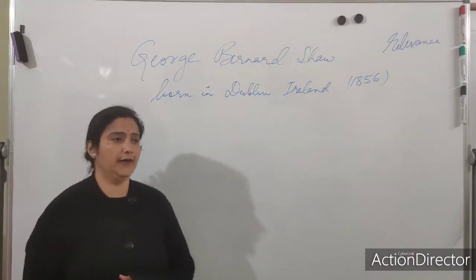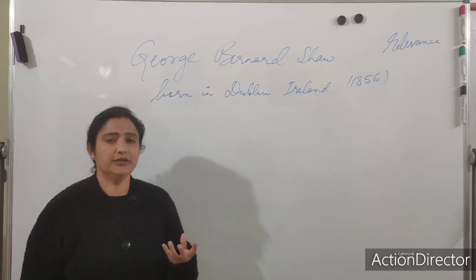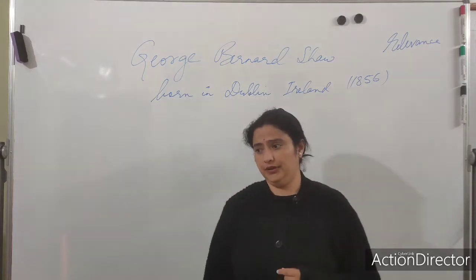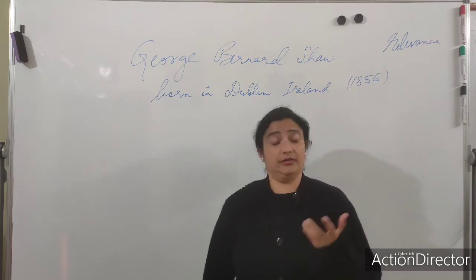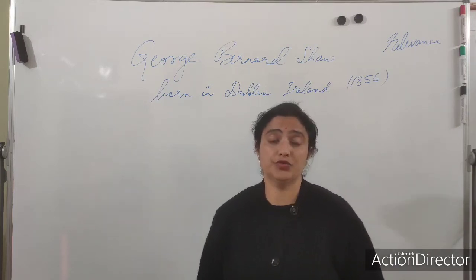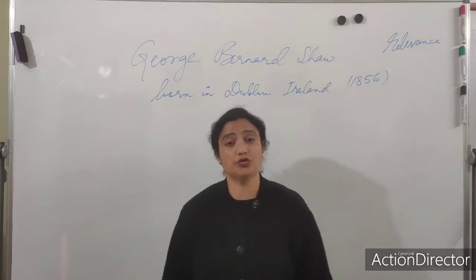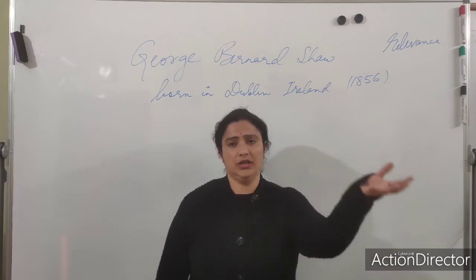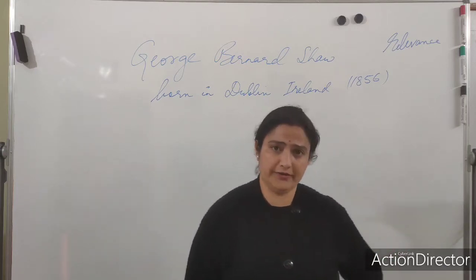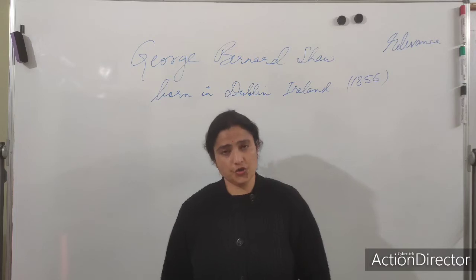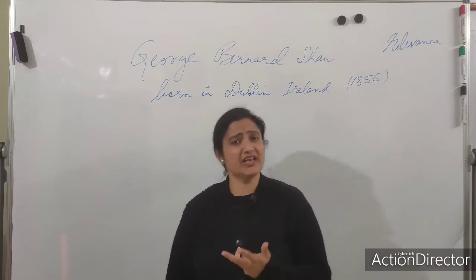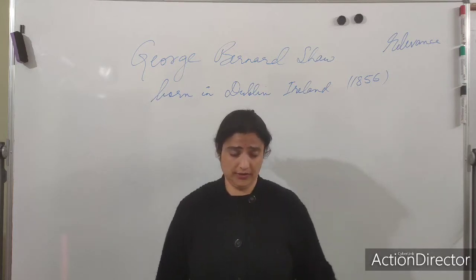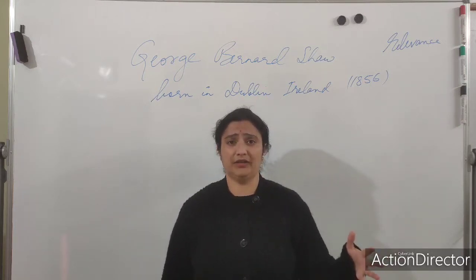She used to sing, and his father was not having a very good business. His father wanted Shaw to join his work, but somehow there were problems, and his grain merchant business did not flourish much. And Shaw had two sisters. His mother left his father and they moved to London, but Shaw stayed with his father.